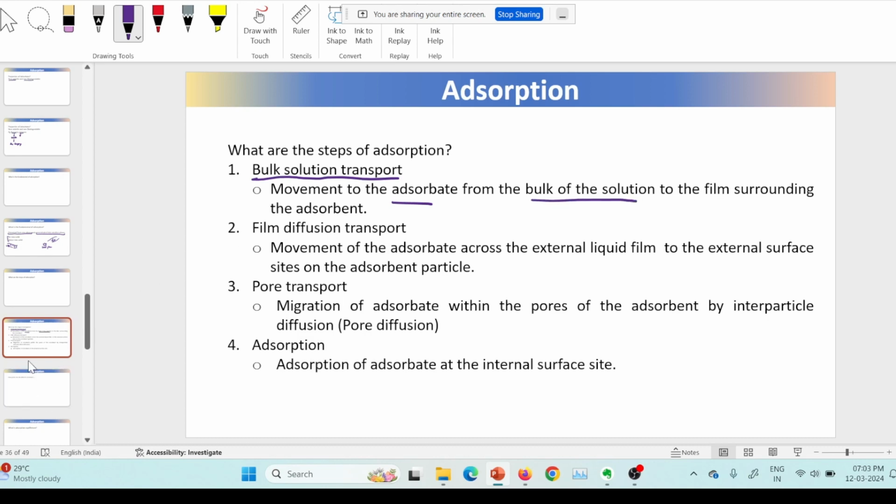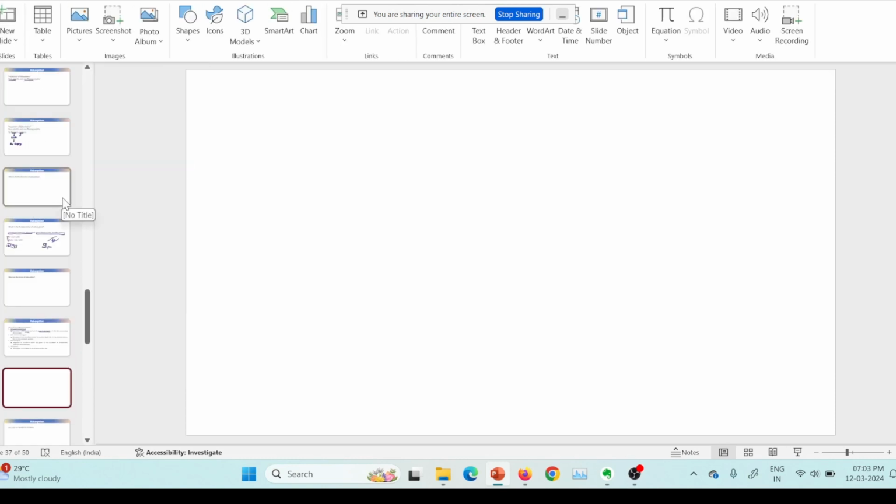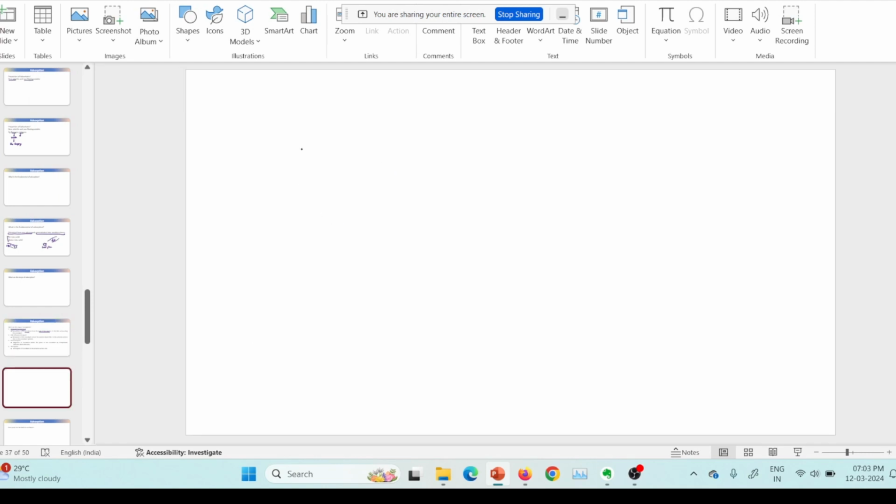So let's take an example here. Suppose this is the container. I am making a big one.